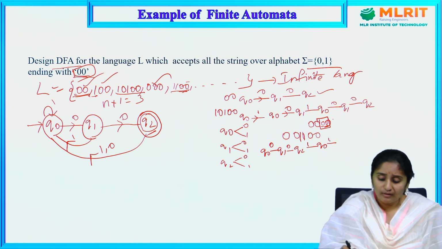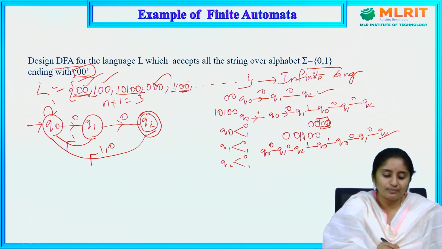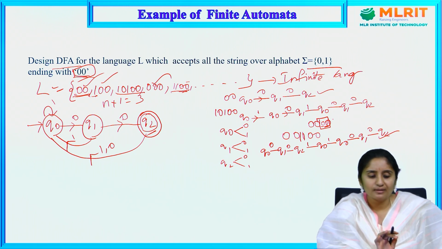Q0 on 1, it is staying in Q0. Q0 on 0, it is moving to Q1. Q1 on 0, it is moving to Q2. So the string is accepted. How are we going to tell the string is accepted? If it reaches the final state, then we say that the string is accepted.